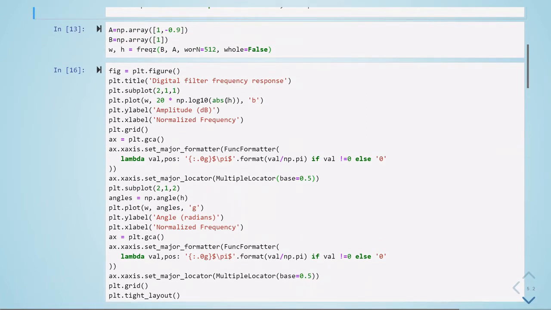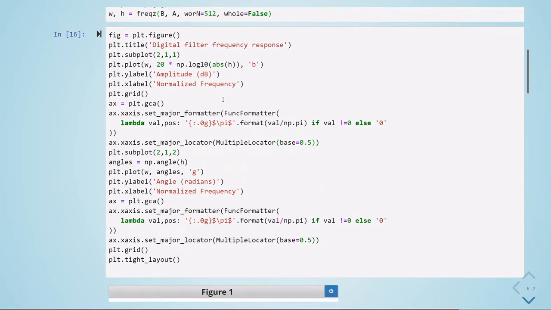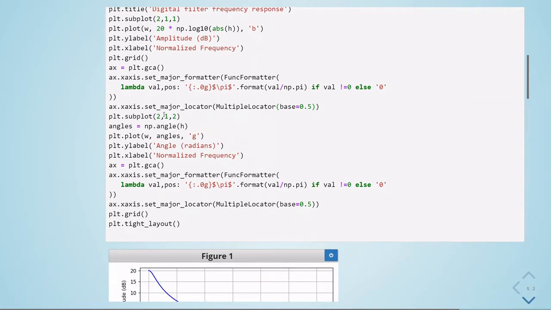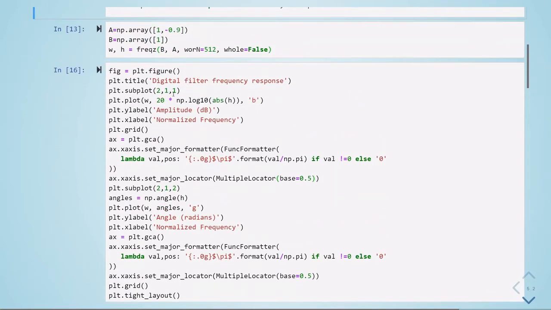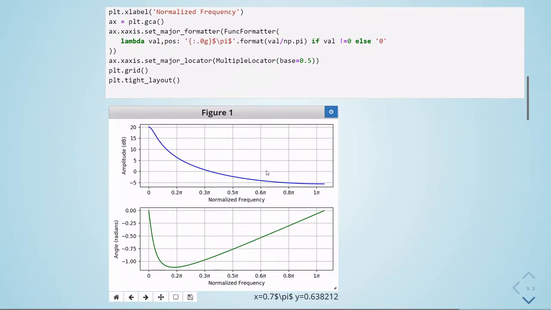So here we are getting the magnitude, and then we are also plotting the phase using np.angle. We're getting the phase from our complex frequency response.